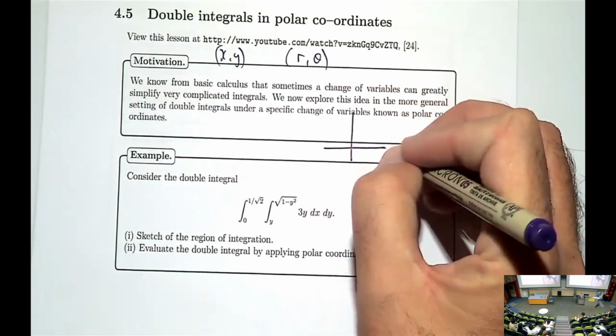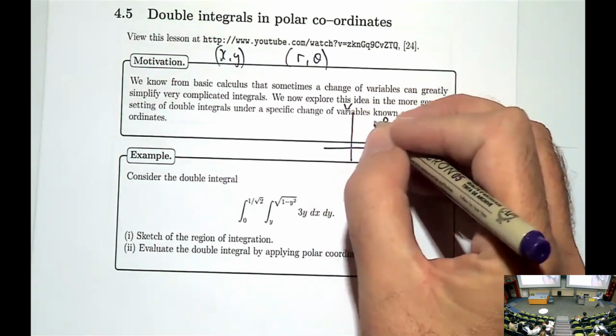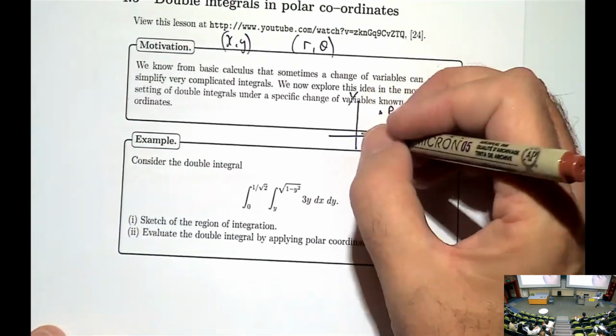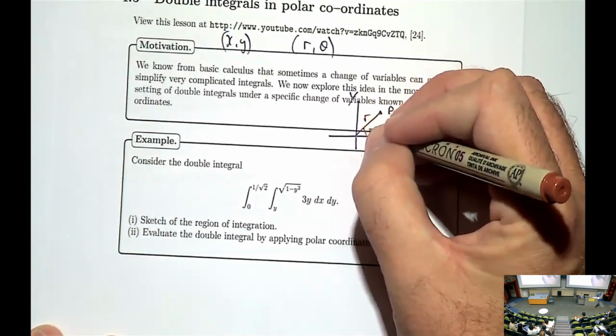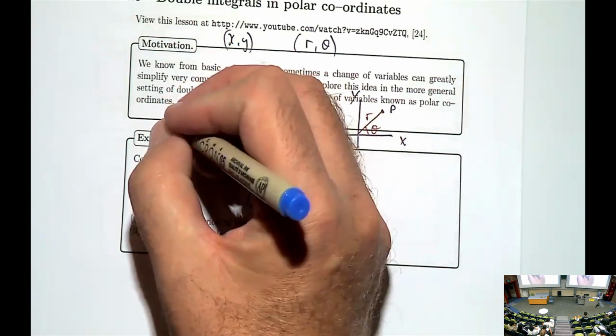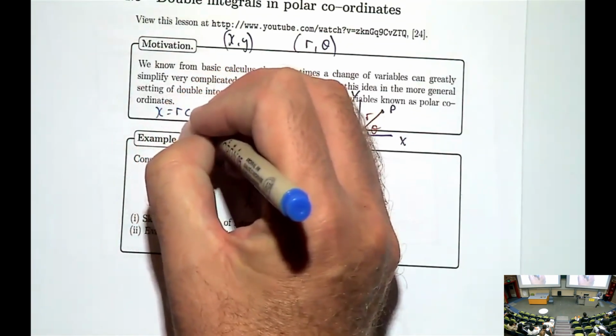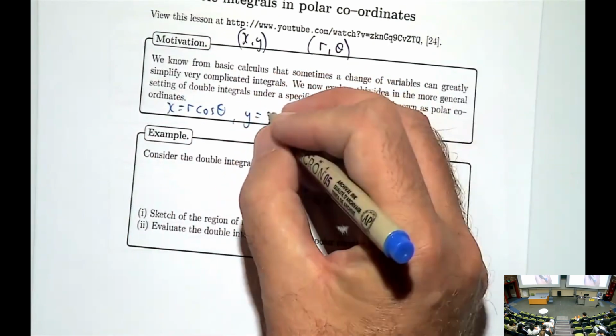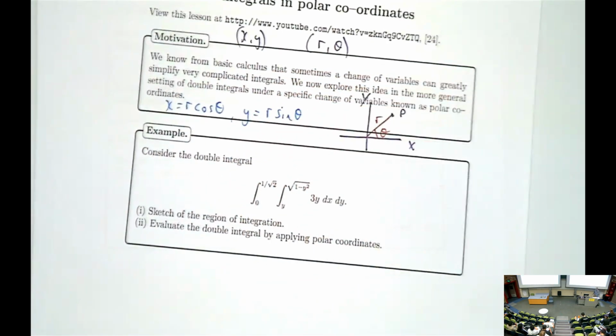You can still do it in the xy plane, but let's say there's your point P. You've got a certain distance to the origin and a certain angle to the positive x-axis. As theta increases, you rotate anti-clockwise or counterclockwise. And remember, x equals r cosine theta, y equals r sine theta, which is stuff you already know from first year.